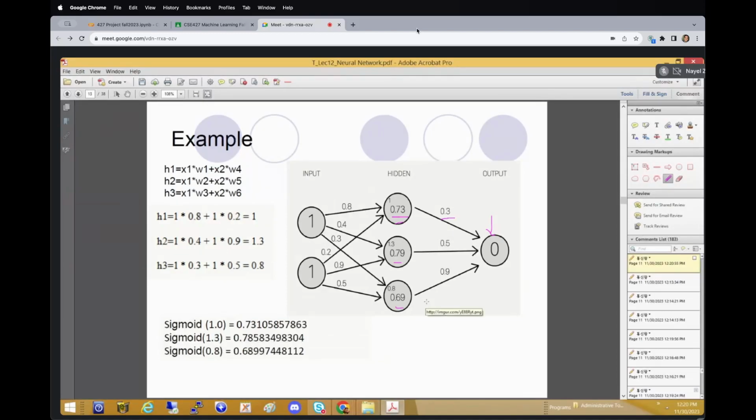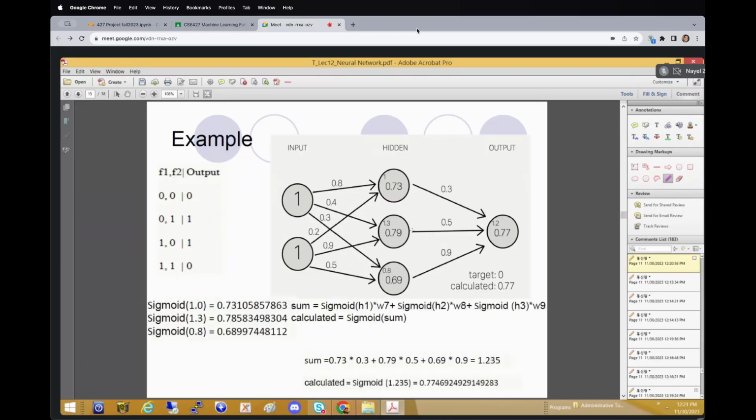Here we can see 0.73 times 0.3, that is the sigmoid of H1 times W7, and then the sigmoid of H2 times W8, that is 0.79 times 0.5, and 0.69 times 0.9. Then we will get 1.235.